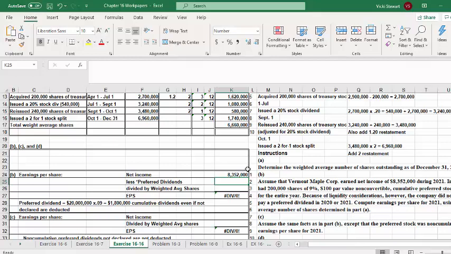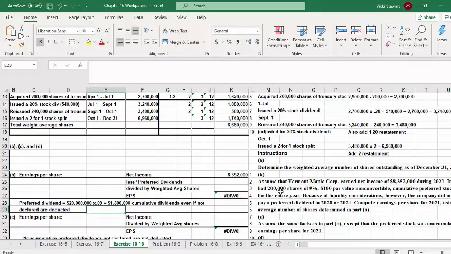Well, we know that whenever we have cumulative preferred stock, regardless of whether or not we declared or paid the preferred dividend, we still subtract it. However, we only subtract the current year preferred dividend. So they didn't pay the preferred dividend in 2020 or 2021, but we're only going to subtract the 2021 preferred dividend. So we need to calculate that amount.